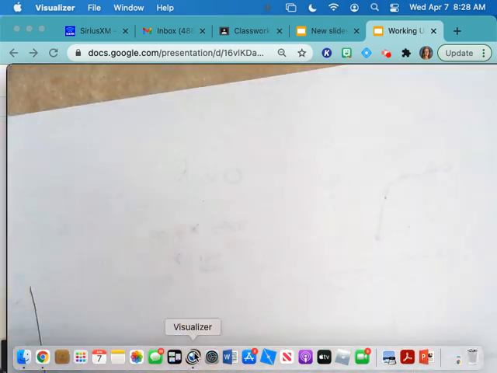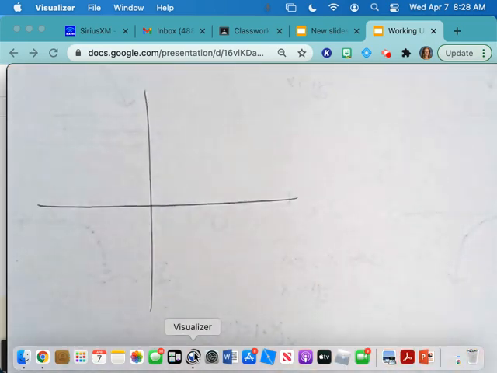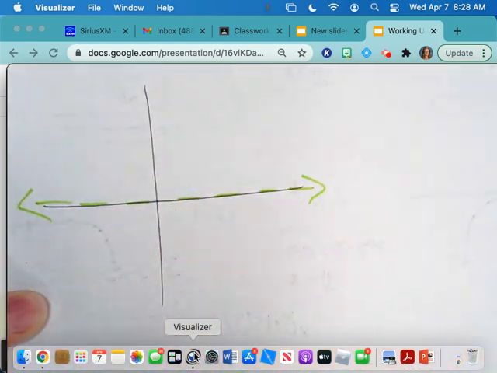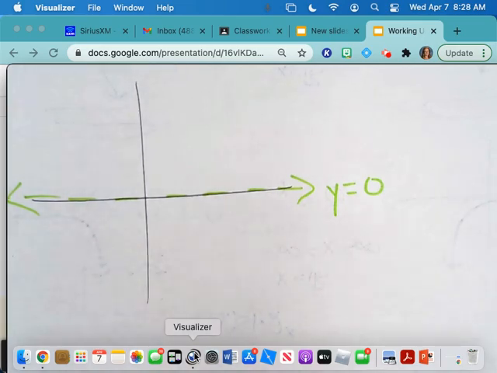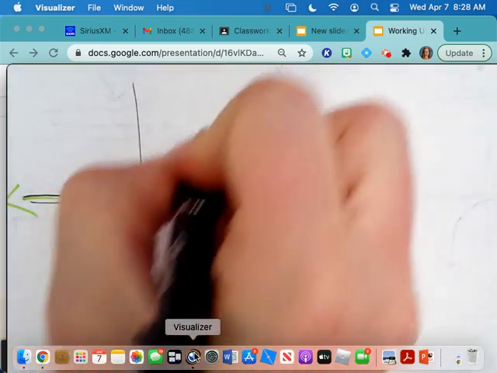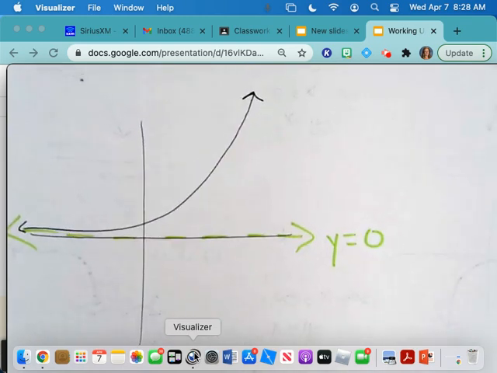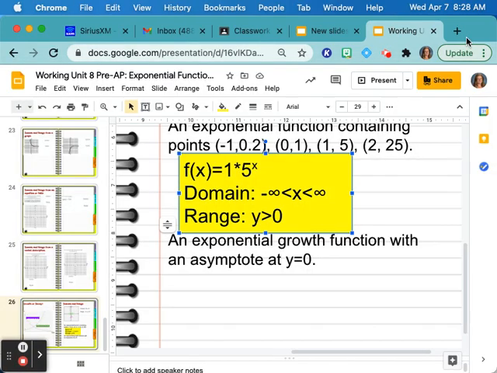So this is your asymptote, y equals 0. So it's going to be a growth function, so it's anything that goes like that. Just as an example. So then our domain and our range, what are they going to be?